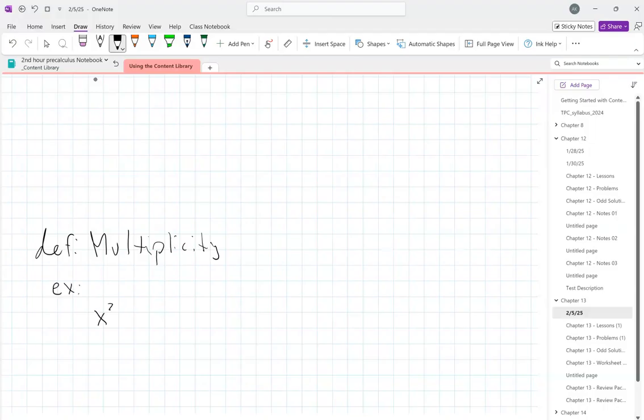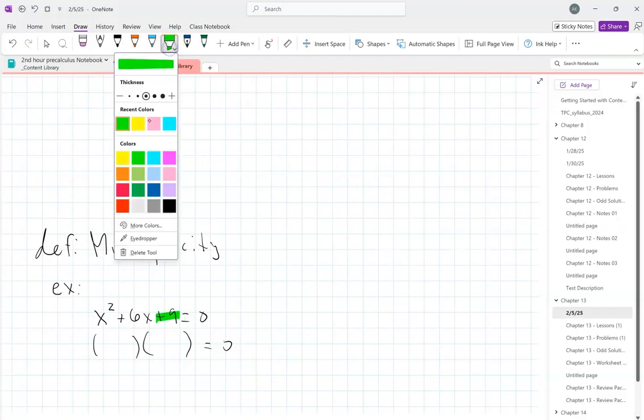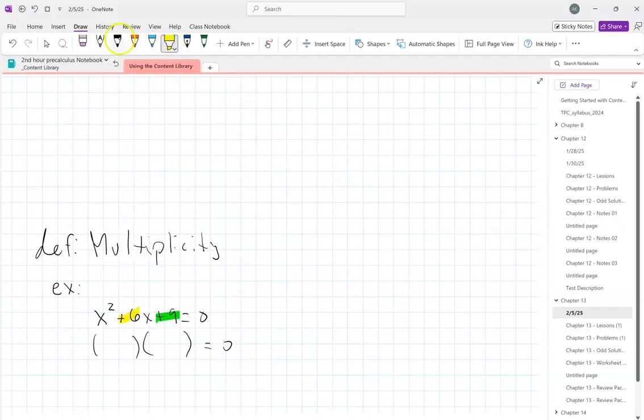Let's say we have x squared plus 6x plus 9 equal to 0. How does that factor? Again, multiplies to 9 and adds to 6. X plus 3 and x plus 3, right?